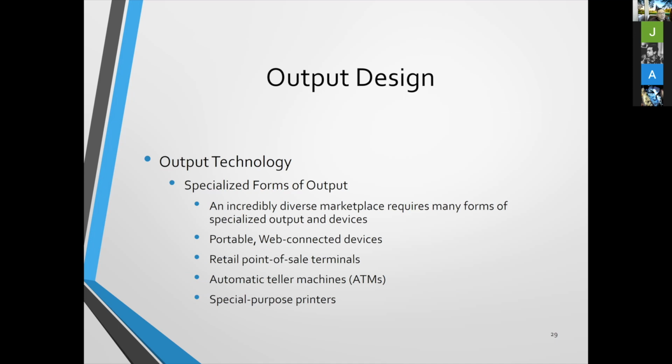You may have specialized forms of output, because different markets need different kinds of output. For example, if you go to restaurants, they have to give you some documents. If we order pizza and have it delivered to your home, the pizza box will have a docket attached with sticky tape on the top.